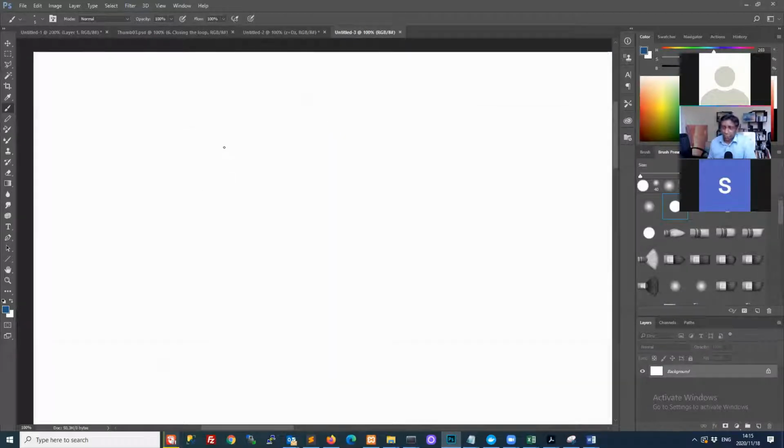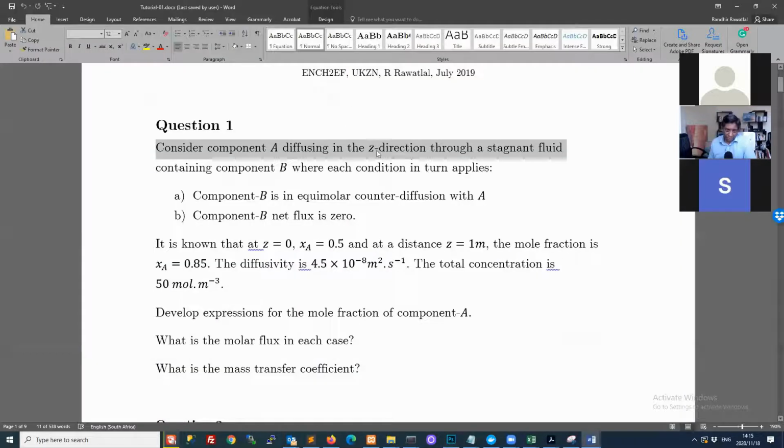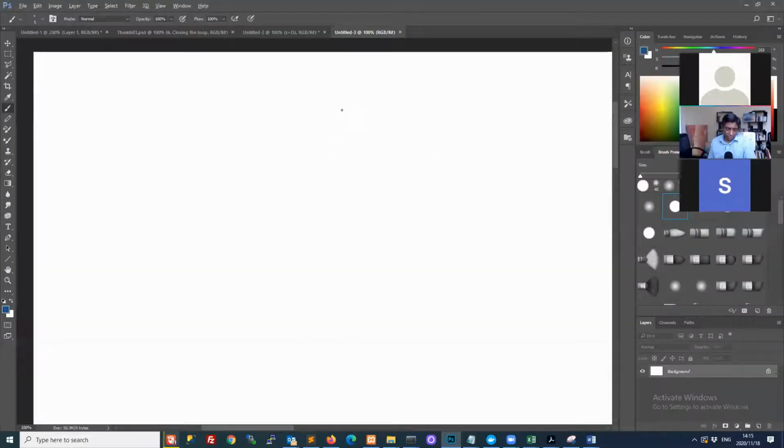So we have some fluid, and it mentions that there's flow only in the Z direction. It doesn't say anything else about the type of coordinates that we have. It doesn't say polar or Cartesian or spherical. So let's just assume these are Cartesian coordinates to begin with.